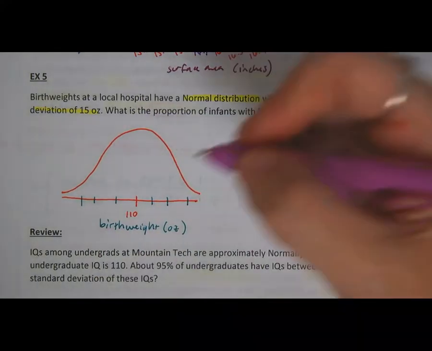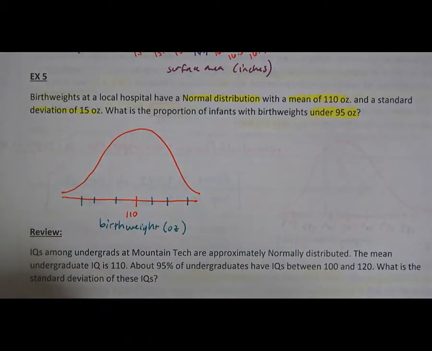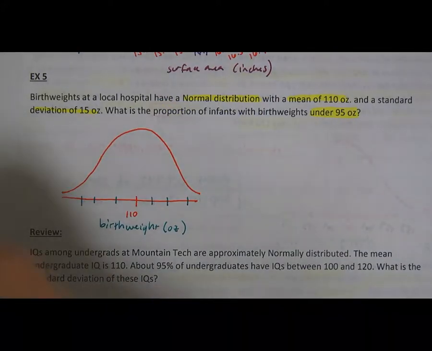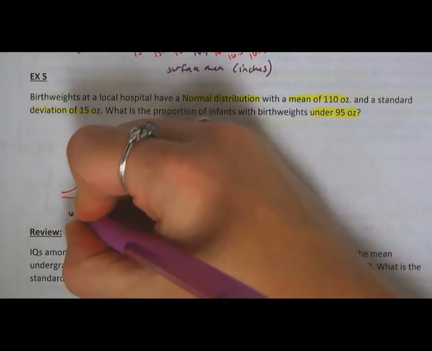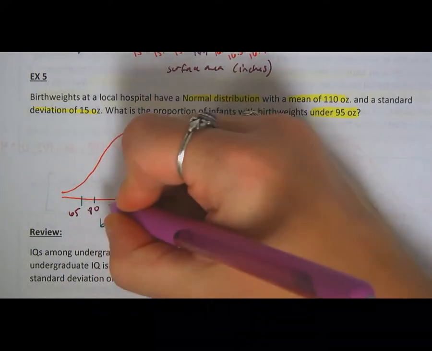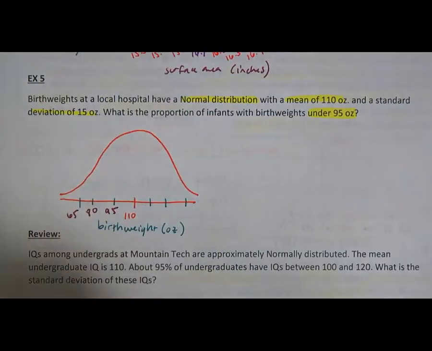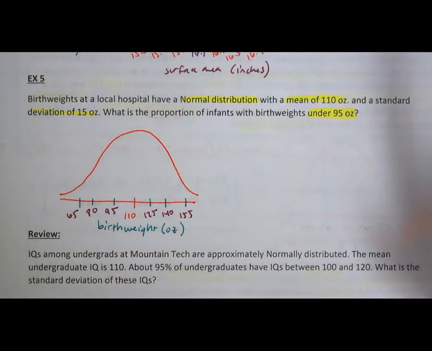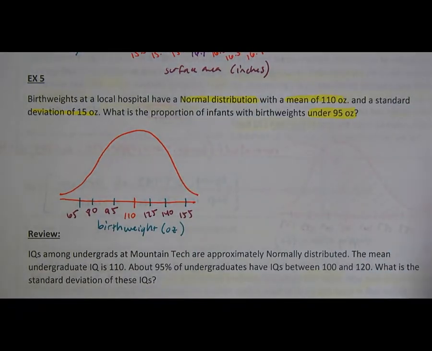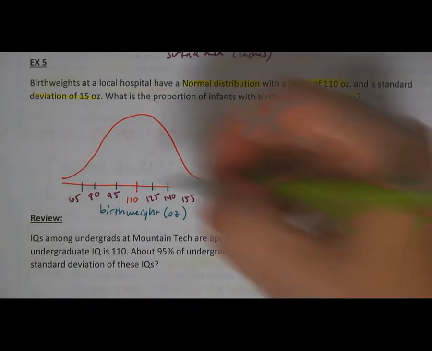Counting by 15s. What proportion of infants have birth weights under 95?